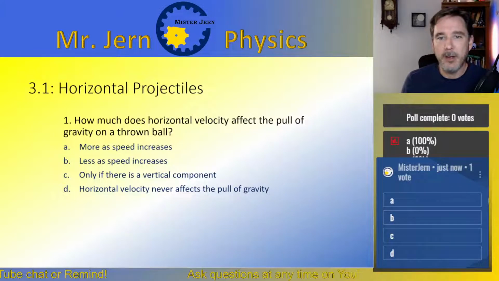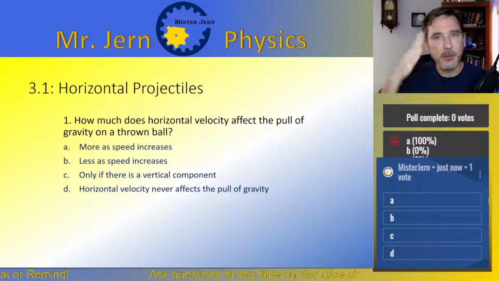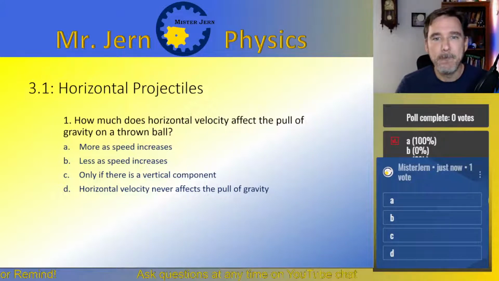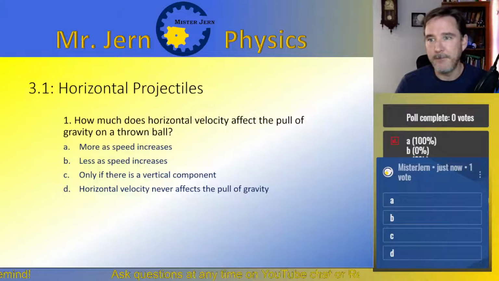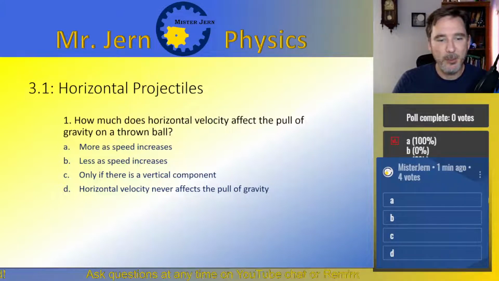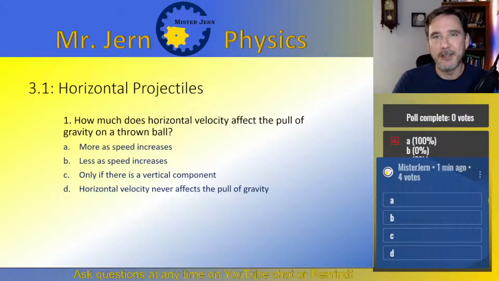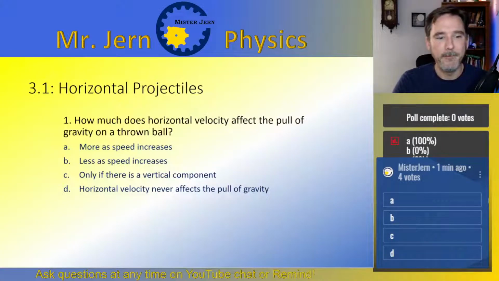Is it more as the horizontal speed increases? Is it less as speed increases? Does it only affect it if there's a vertical component? Or does horizontal velocity never affect the pull of gravity? We'll see how this poll goes. Just take a second, and I'm going to end it in a moment.